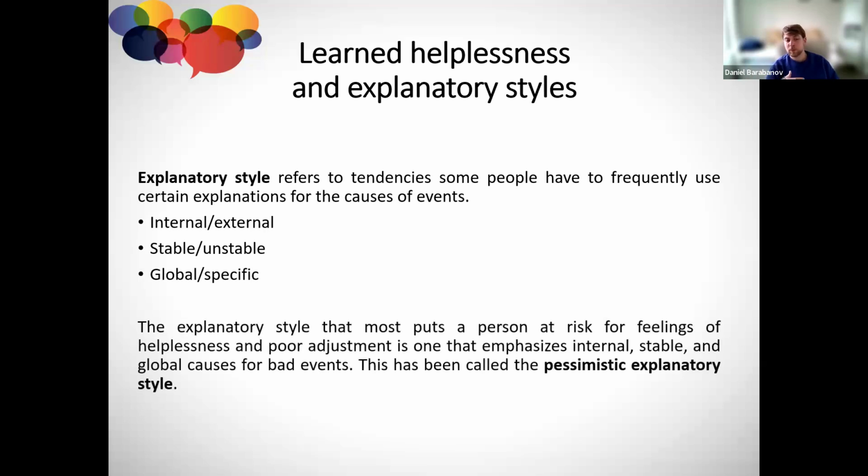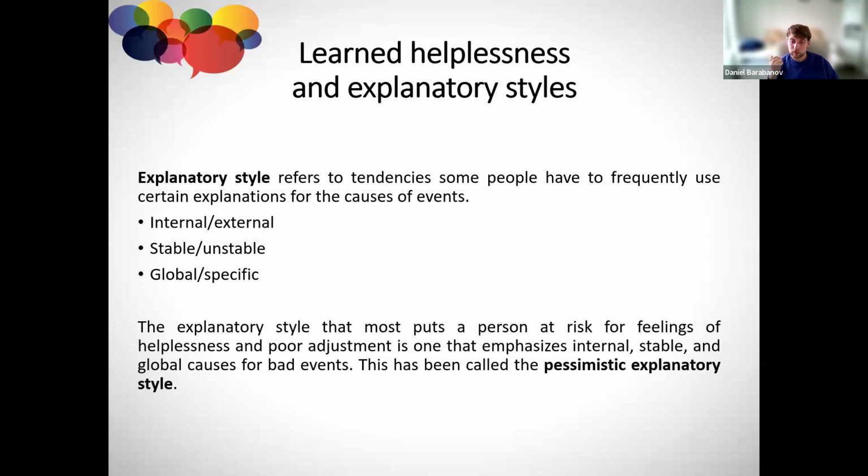The explanatory style that most puts a person at risk for feelings of helplessness is the pessimistic explanatory style. So it's internal, stable, and global causes for bad events. If something bad happens, it's because of me. It will always be like that, stable, and it will persist in almost all situations I encounter.